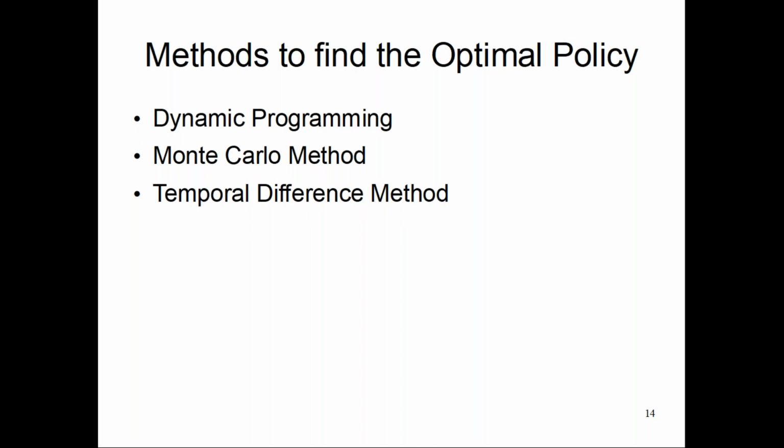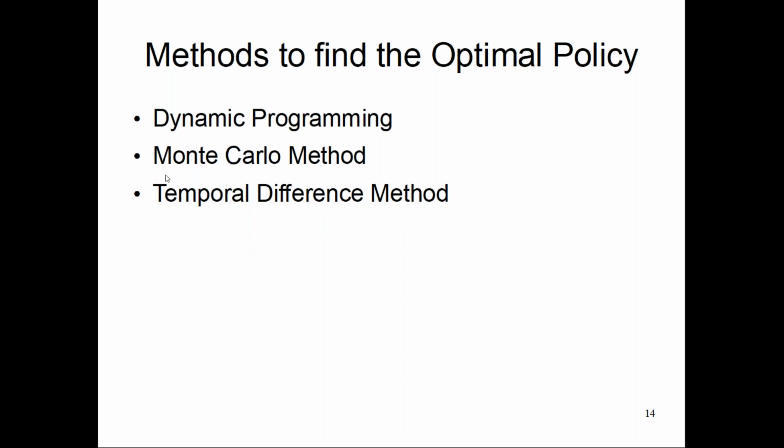If you know the environment is fully defined, with a clear goal, you use dynamic programming. Sometimes when you don't know the environment clearly, and the states are not so clear, you use either Monte Carlo or temporal difference. There are a lot of equations and variables involved, which I will cover in the next session.